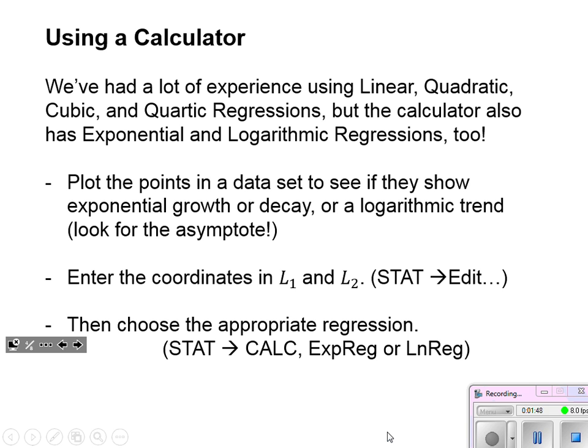Okay, once we know if it's going to be exponential or logarithmic, then we have these data points entered in list 1 and list 2. Remember, that's the stat button and then edit. And then we'll go into stat, calculate, and then we'll choose either expreg or natural log regression to get our regression equation out of it.